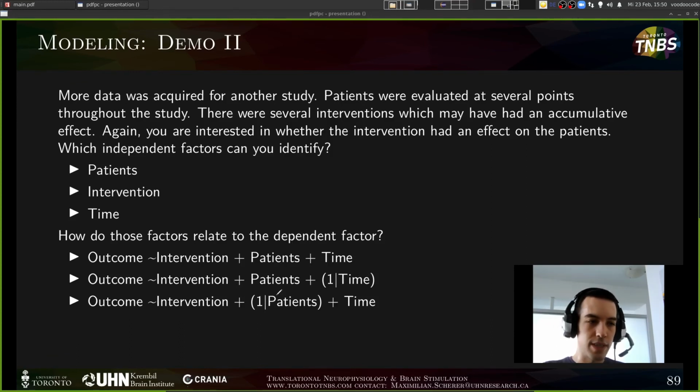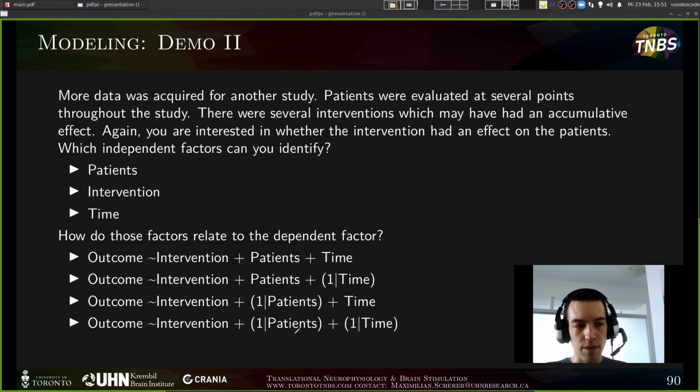And then the same applies to the patients. Are we interested in the difference between patient 1 and patient 5, or can we simply say our patients, let's say, have a different offset? And then we, of course, can do the same thing for both factors. We can say there's some difference in between patients, there's some difference across time. I'm not really interested in either. I'm just going to be interested in whether my intervention does a thing or not.